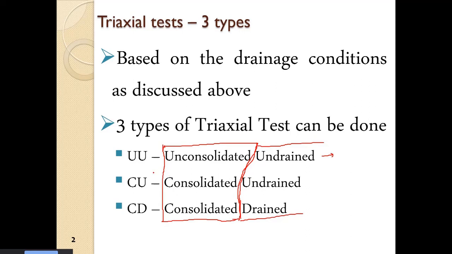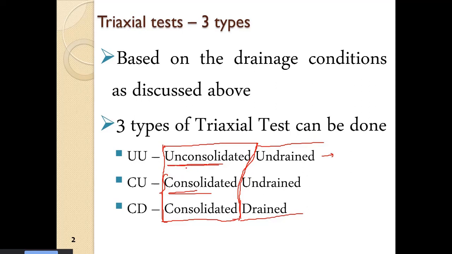So in this stage we have two different cases. One is the unconsolidated test and one is the consolidated state. One is the undrained cell pressure application stage and one is the drained cell pressure application stage. Definitely here there will be no pore pressure development, but here there will be development of pore pressure.